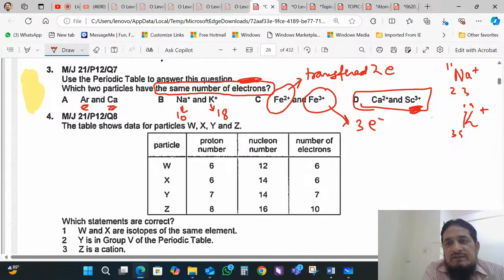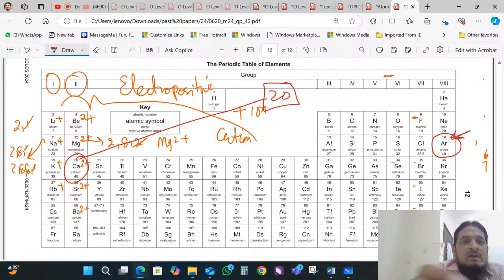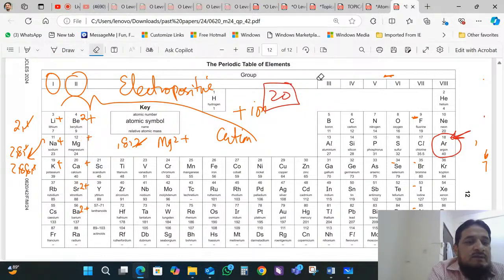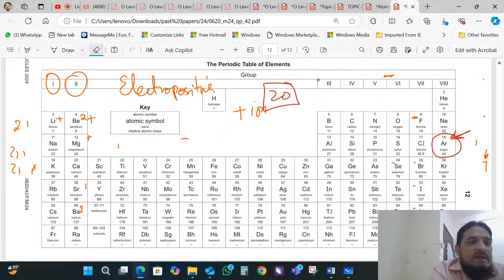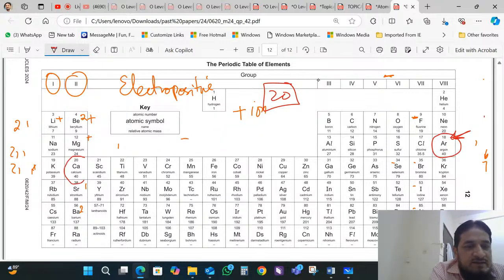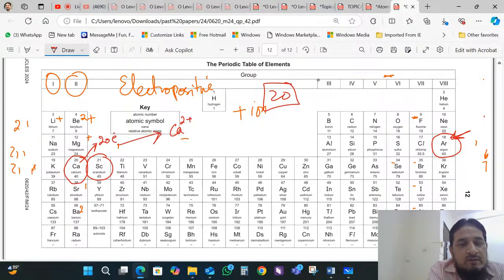You are just seeing these elements, so first I should work on this. This is calcium, and it has 20 electrons in total. So when it is Ca2 plus, it has 2 fewer electrons than the 20, so 20 minus 2 is 18.